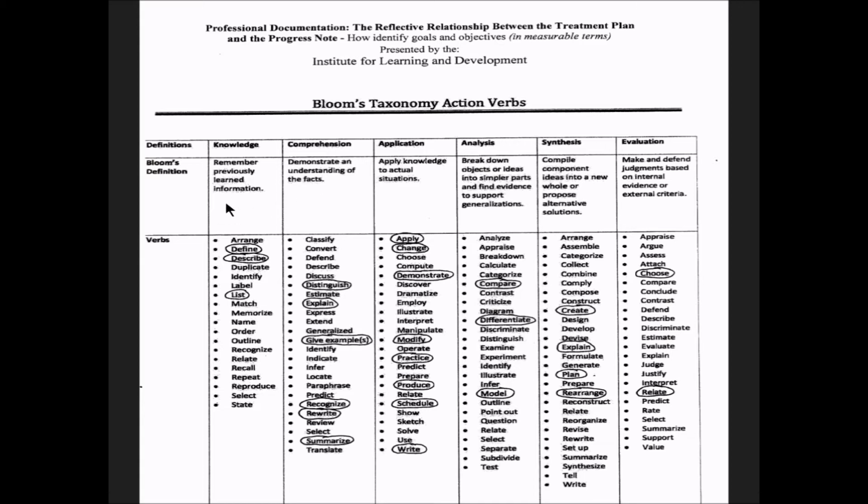This is remember previously learned information and demonstrate an understanding of facts. I've circled several that would apply with regard to documenting progress towards treatment plan goals and objectives. So you can put into the treatment plan that patient will identify and describe examples of relapse triggers, examples of better opportunities to communicate with family members.